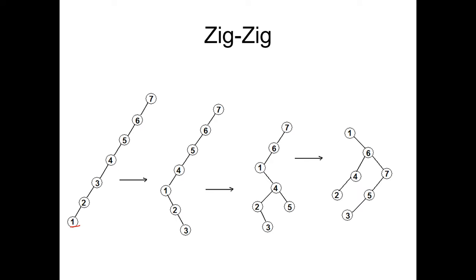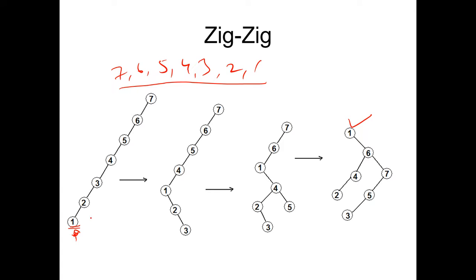If you have inserted the nodes in the order 7 6 5 4 3 2 1, 7 will become the root, then 6 goes to its left, and 5 goes to its left, like that further until you reach 1. Now the recently accessed node, let us say, is 1. Then this has to be brought onto the root node.